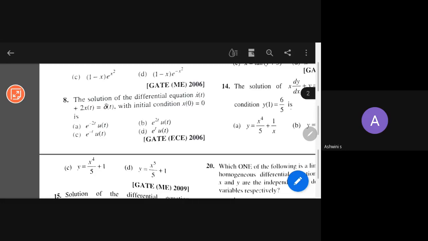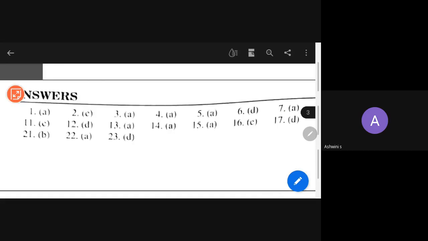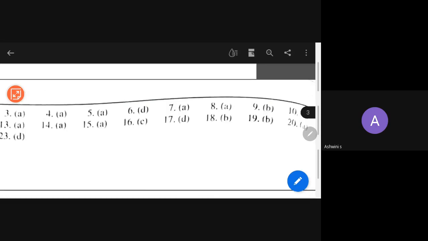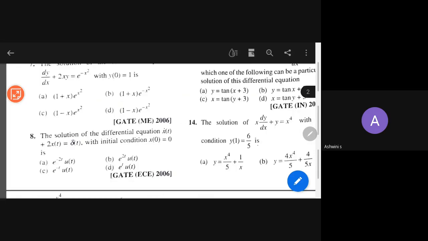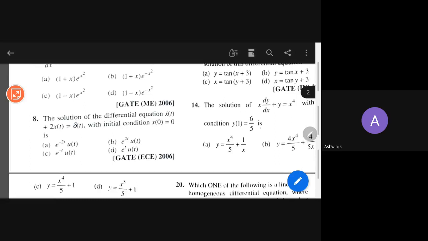There is some mismatch here. 8 is an answer. 8 answer is a, he says, e power minus 2t ut. Okay, the initial condition is, I think there is some mistake in this question.